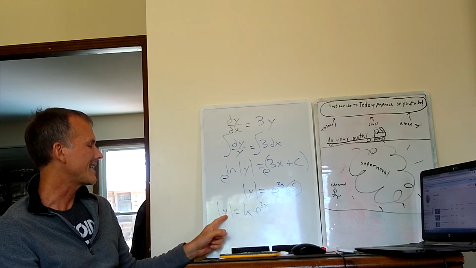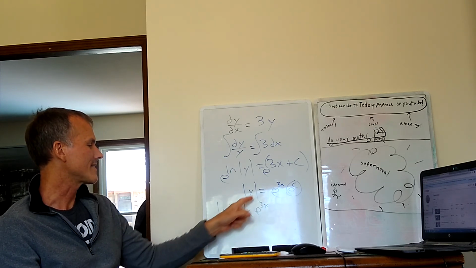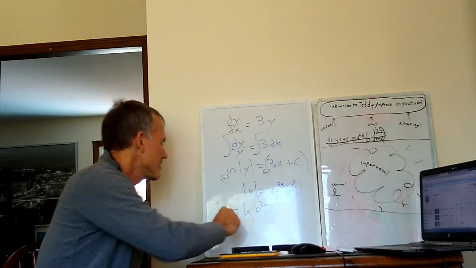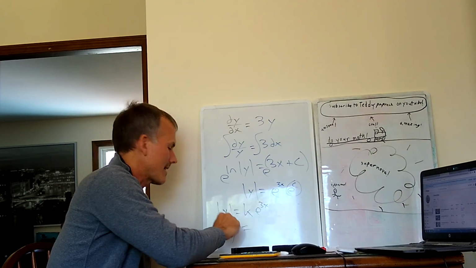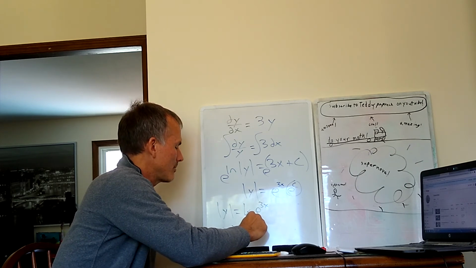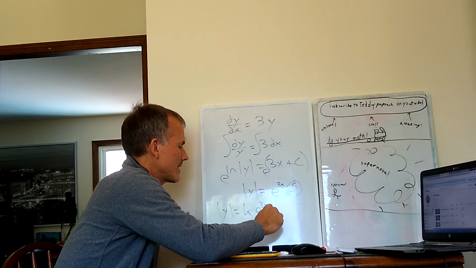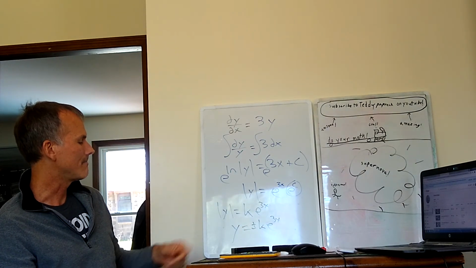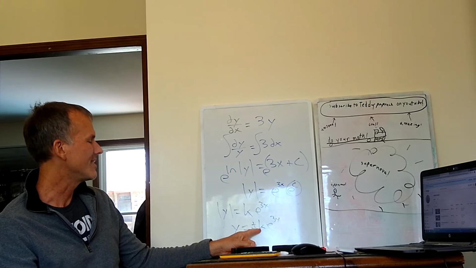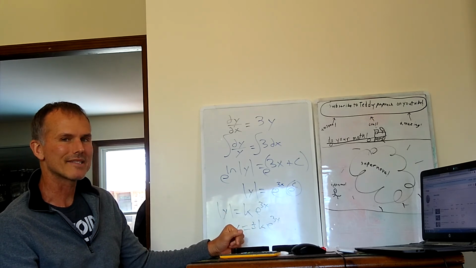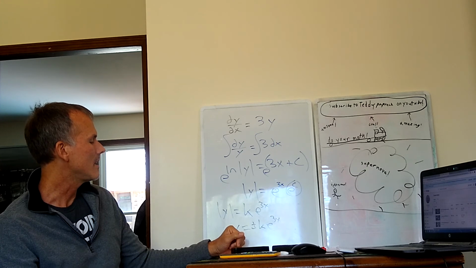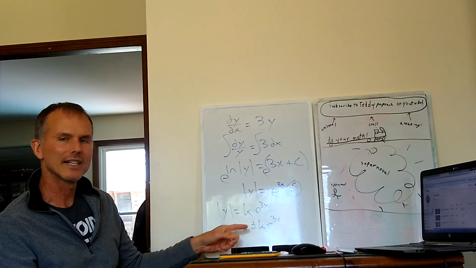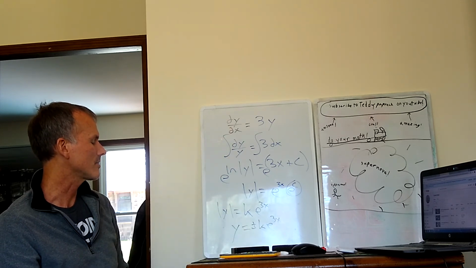Well, that's true if y is equal to this, or if y is equal to the opposite of k times e to the 3x. So I lose the absolute value brackets and put a plus or minus k times e to the 3x. Of course k can be anything at all, so I don't really need the plus or minus there. It's not wrong if I leave it there, but this is the family of functions that are solutions to that original differential equation.